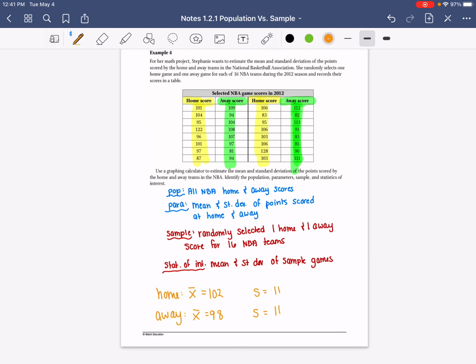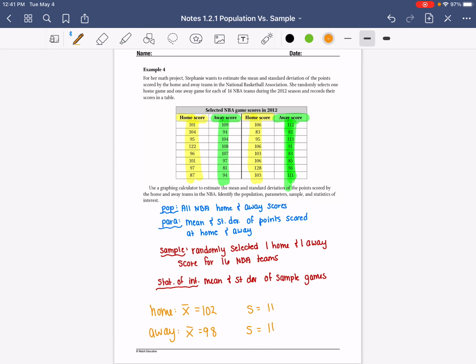So again, just a review: population, parameter, think big, right? Population is all of everything, everyone. Parameter is what you want to know about all of those people. And then your sample is just who you were able to collect data from or what you were able to collect data about. And then statistic of interest is the same thing as a parameter, but about the sample instead of about all of thinking big.